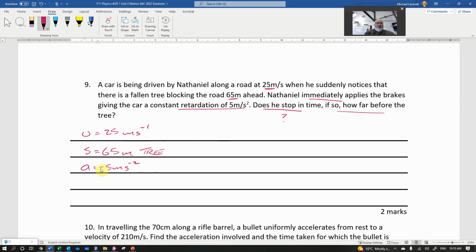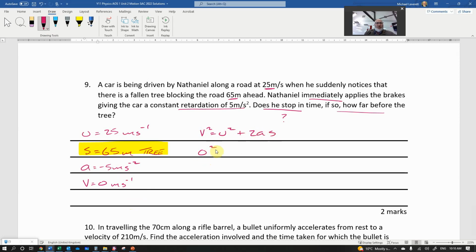Okay, so we've got to work out this one here. That's how far the tree is away from Nathaniel. So the final velocity must be 0 if he comes to rest. So what can we do there? We've got v squared equals u squared plus 2as.